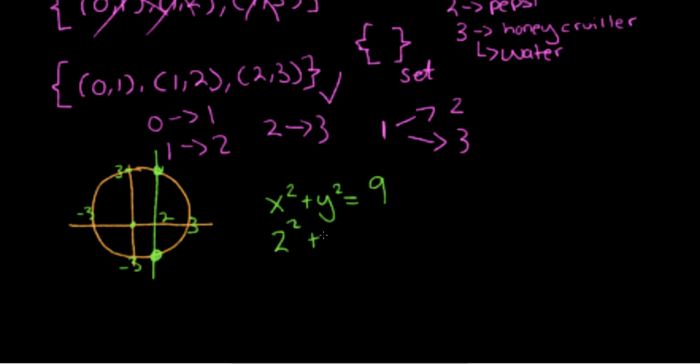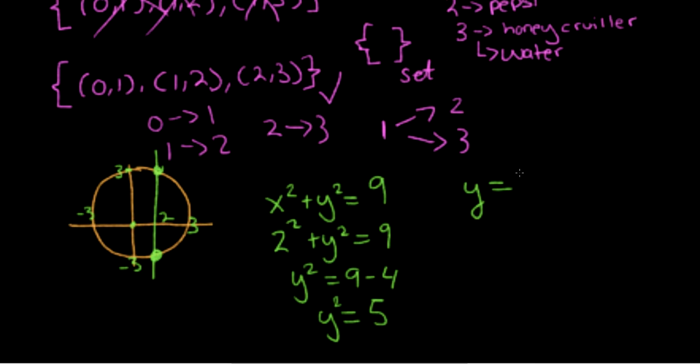So 2 squared plus y squared is equal to 9. So y squared is equal to 9 minus 4. y squared is equal to 5. So y is equal to the positive square root of 5 and the negative square root of 5. Now we have two solutions, which means that whenever we input 2, we get 2 outputs, which means that this is definitely not a function.